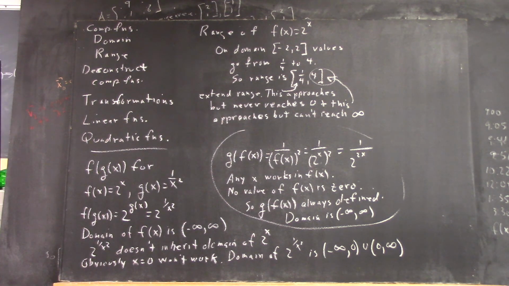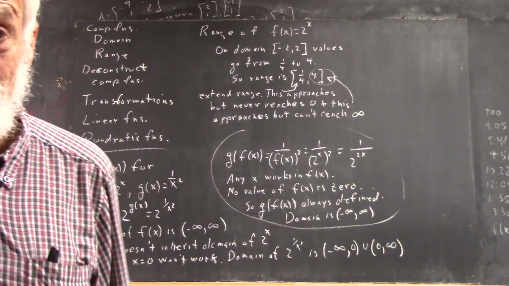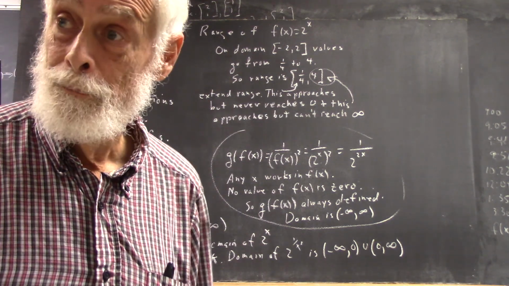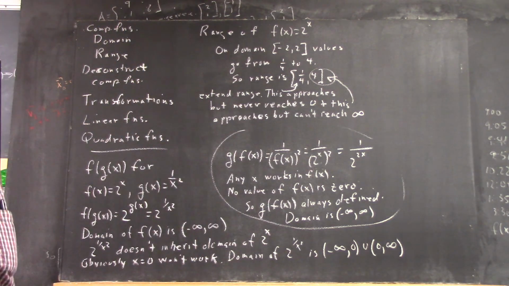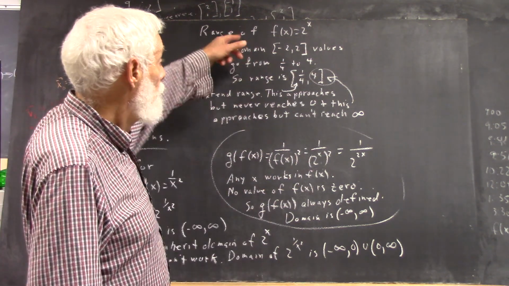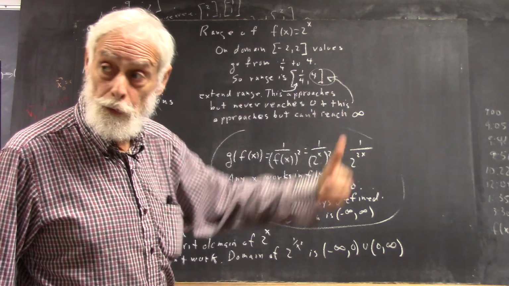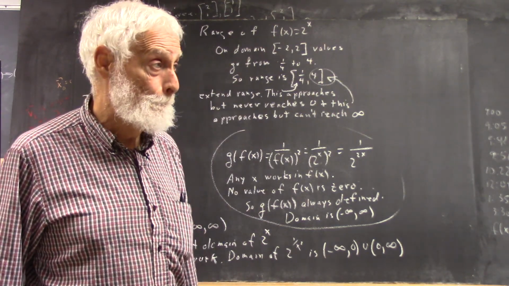That makes sense? If you understand the table and the calculations of 2 to the x for negative and positive numbers, then you can understand what I just said, okay? And then it gives you a very useful picture of why the domain of 2 to the x is negative infinity to infinity, okay?